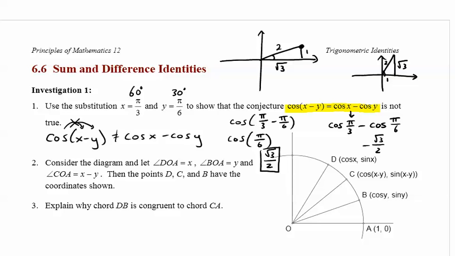Cosine is adjacent over hypotenuse, which is 1 over 2. So that gives me 1 over 2 minus root 3 over 2. Now 1 over 2 minus root 3 over 2 is not the same as root 3 over 2. These two results are not equal. So there's got to be some other formula or rule for when you have a cosine of a difference of two angles. So I'll prove that rule for you.